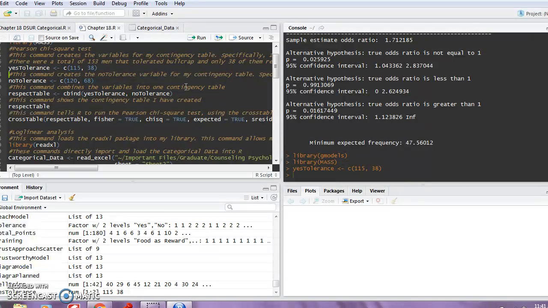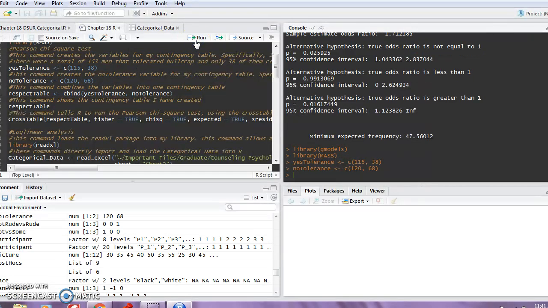Of those 188 men, 68 did perceive respect from their partner. The 120 reflects those who did not tolerate bullshit, but also did not receive respect. So those two commands create our tolerance variables for our contingency table.